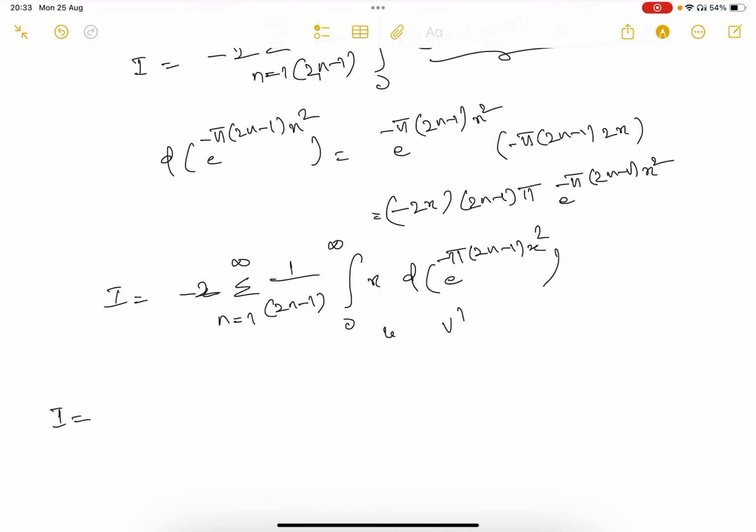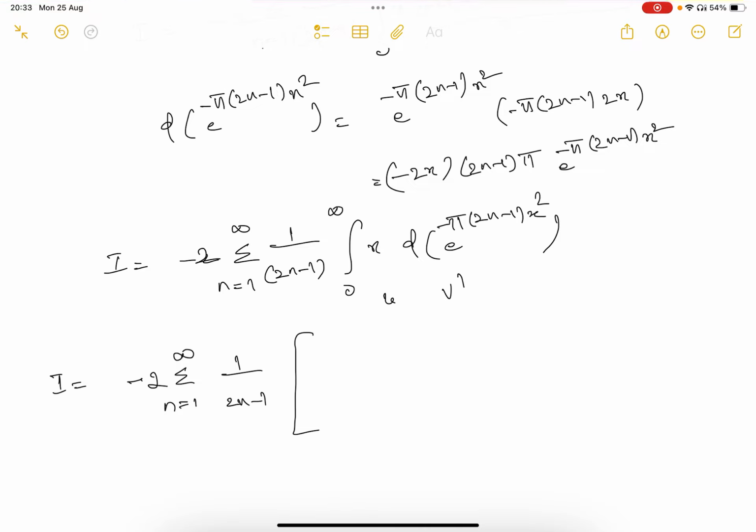Then this will be I equal to minus 2 into summation n equal to 1 to infinity 1 by 2n minus 1. This will be uv, right? Where u is x and v is e power minus pi into 2n minus 1 x square, from 0 to infinity, minus the integral of u dash into v.